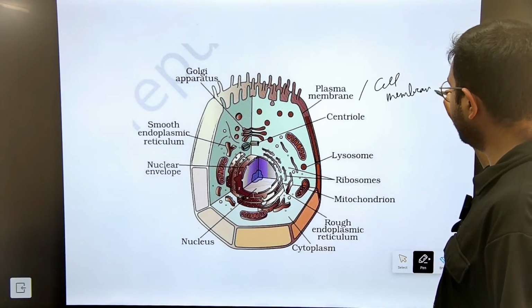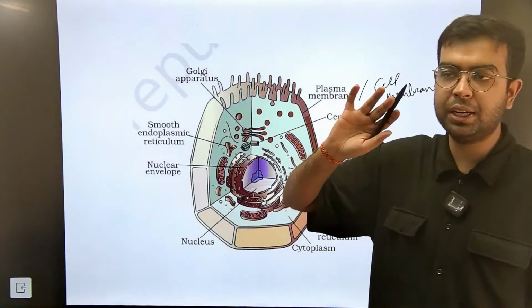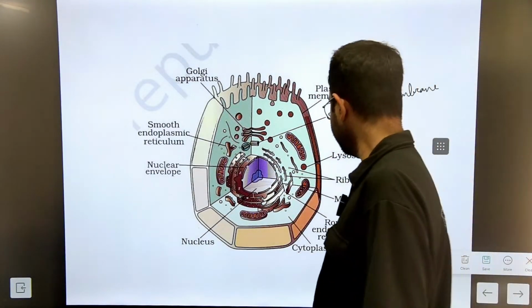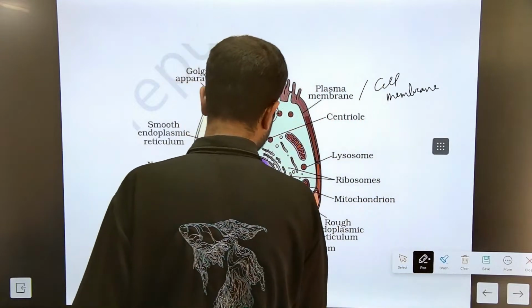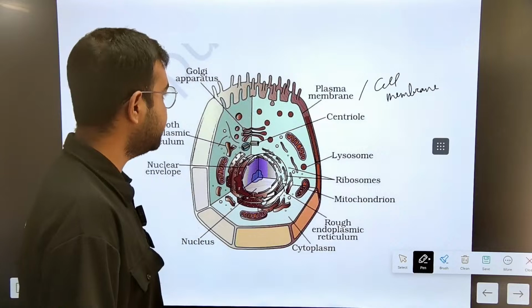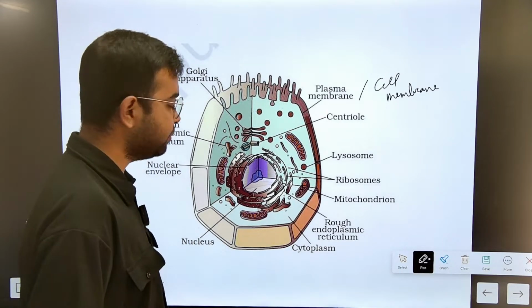It separates the cell from the external area, from whatever is outside the cell, okay. Within the cell we have the nucleus. The nucleus in the center is the control center of the cell, and we have the cytoplasm.